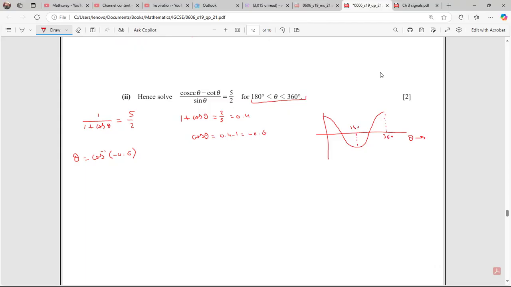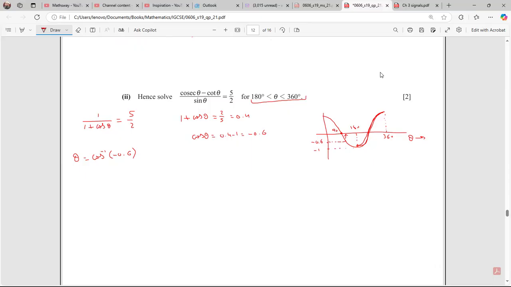So we have to find the solution between this point and this point in this part of the graph, right? Okay. So this is minus 1. So minus 0.6 is almost here. So when I take inverse cosine, it will give me this angle. Okay, remember this point is 90.